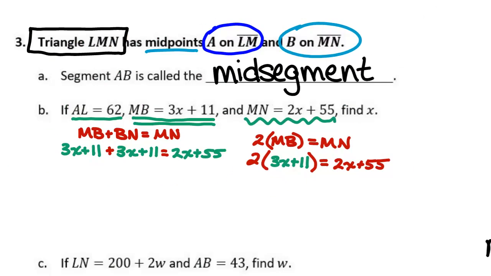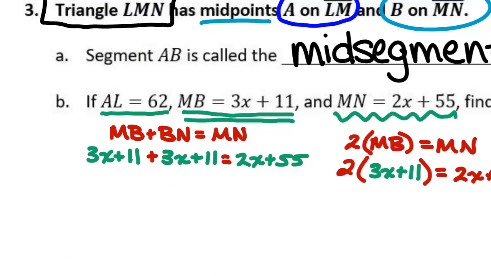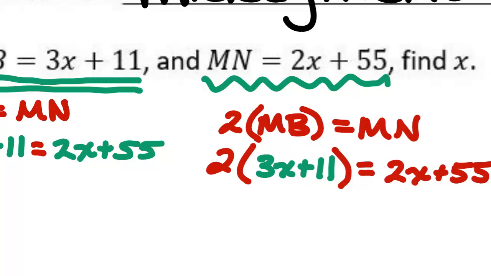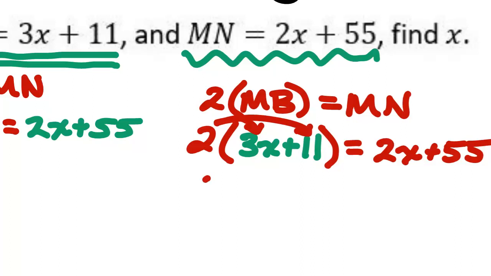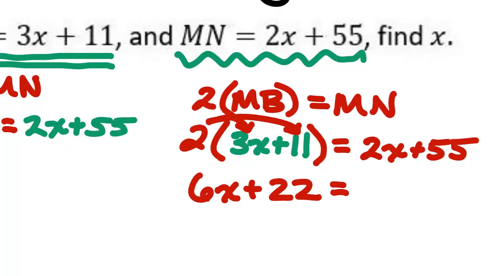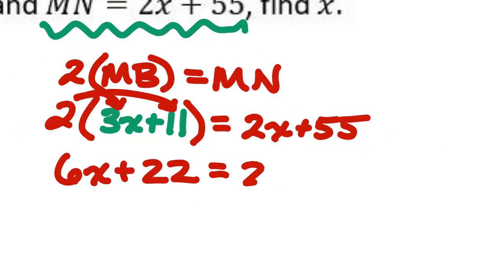Whether we choose to use the multiplication way or use the addition way, we should get to the same place in the next step. So I would take this 2 and distribute. That would give me 6x plus 22 is equal to 2x plus 55.